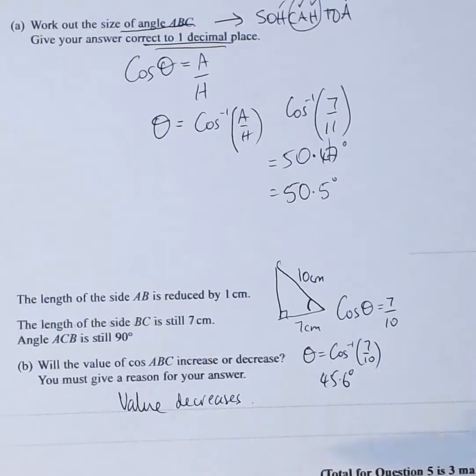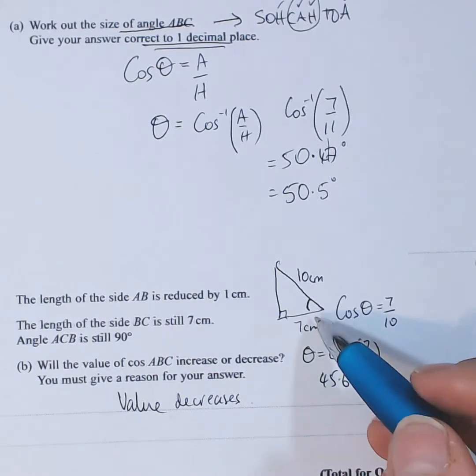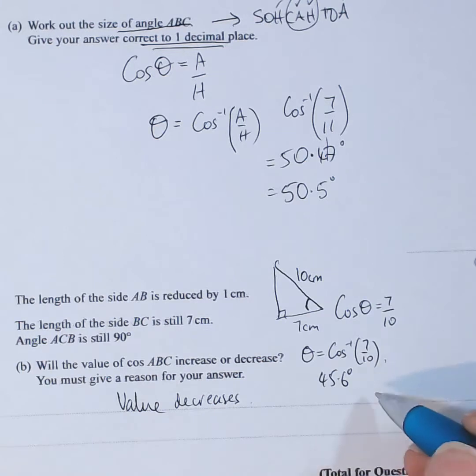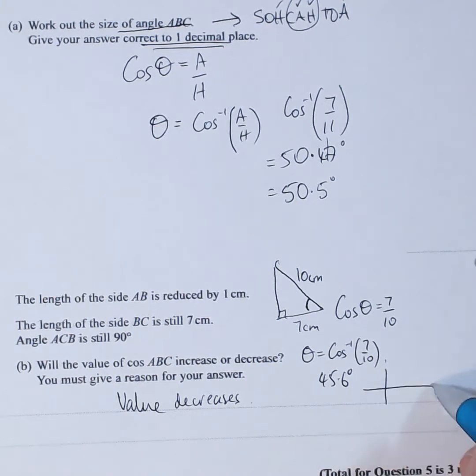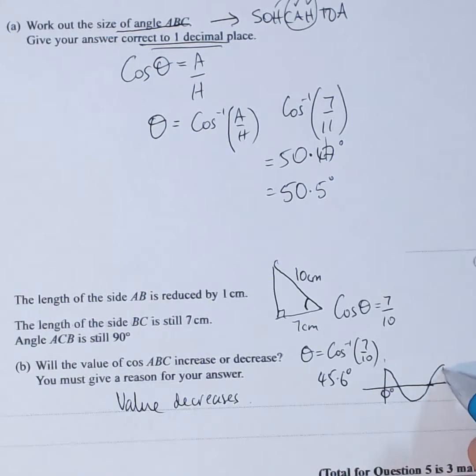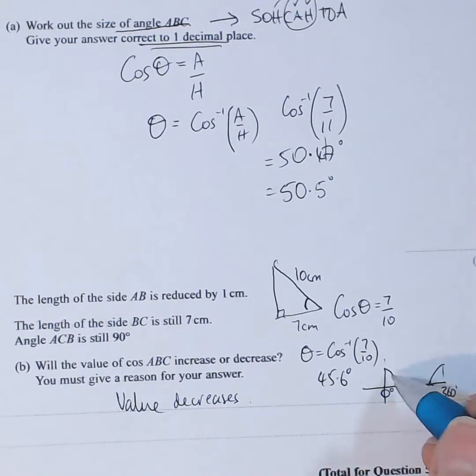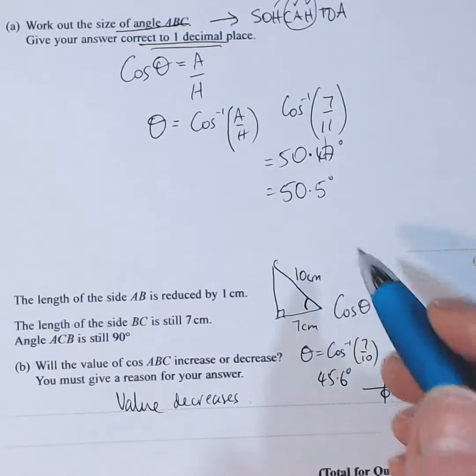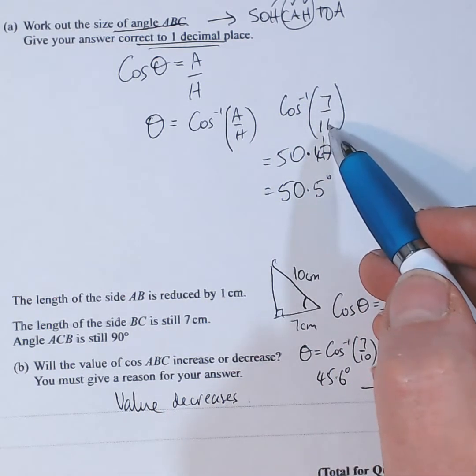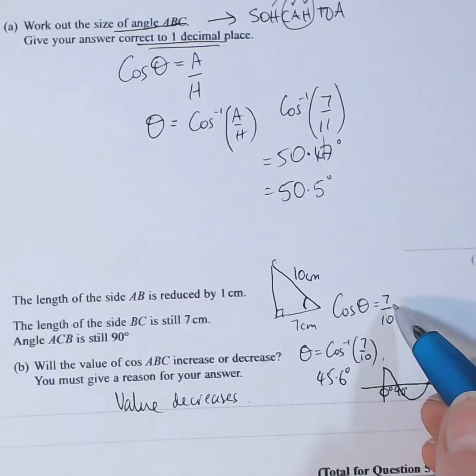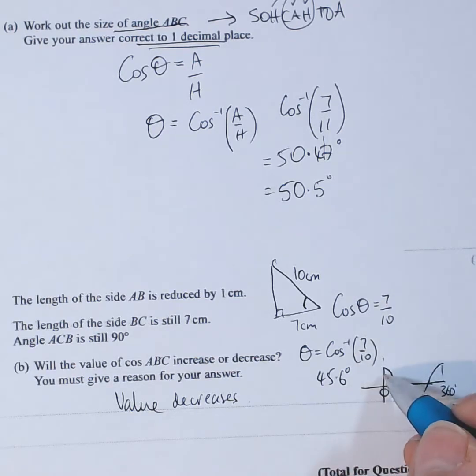That's one way of doing it. Another way of thinking about this is that the cosine function has its own graph, and the cosine function technically does this between 0 degrees and 360 degrees, and what we can see is that this was 90 degrees, then 7/11 is less than 7/10.